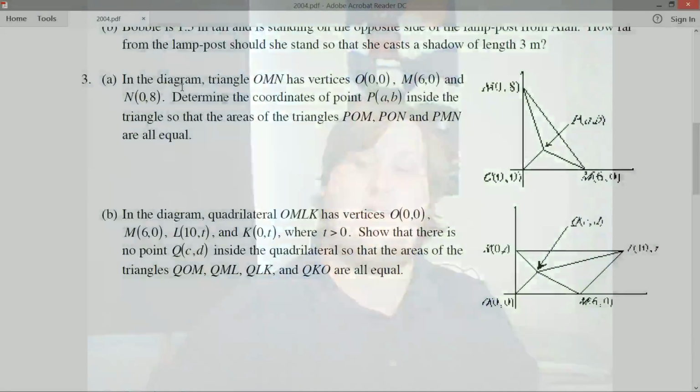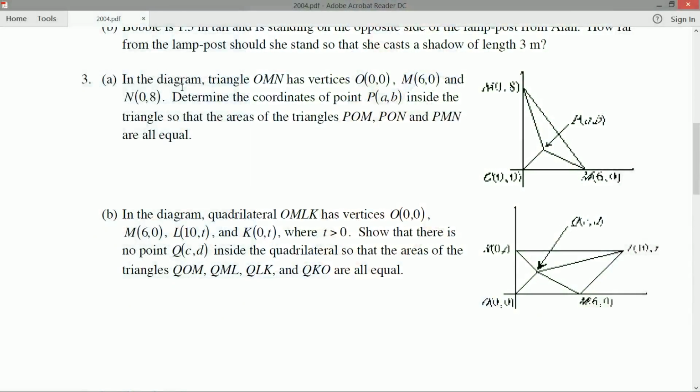So let's take a look here at part B. In the diagram, quadrilateral. Okay, so they're sort of stepping things up, but I'm betting that it's still going to be sort of equal areas or something. So in the diagram, quadrilateral OMLK has 0,0, 6,0, 10,t. That's over here.